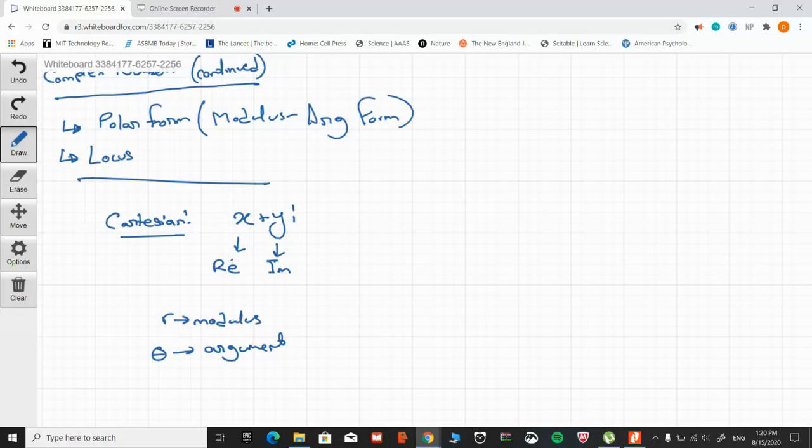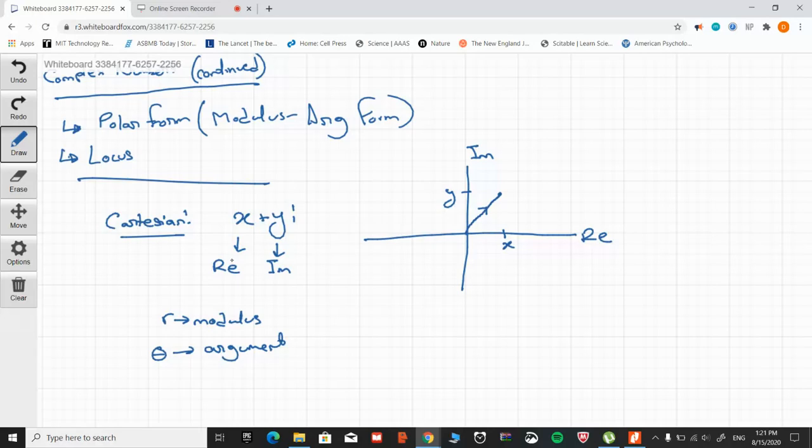Now, if we were to represent this in a diagram called the Argand diagram, this being the imaginary axis and this being the real axis, x plus yi would look something like this. And if we were to connect a line to the number from the origin, this is what it would look like.